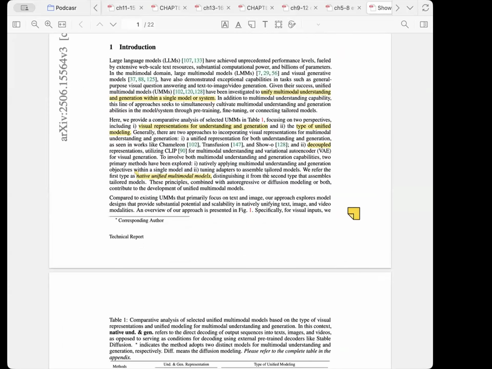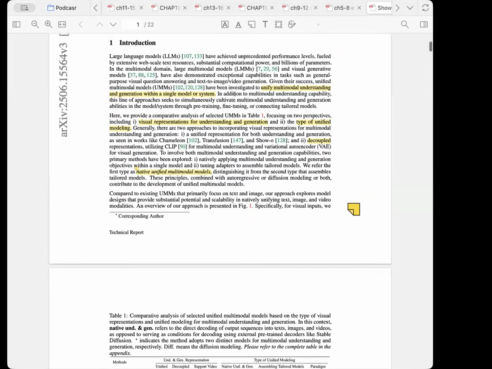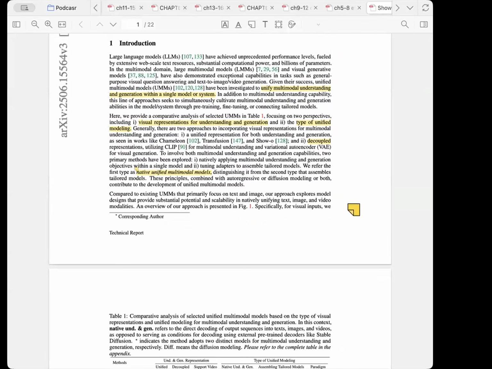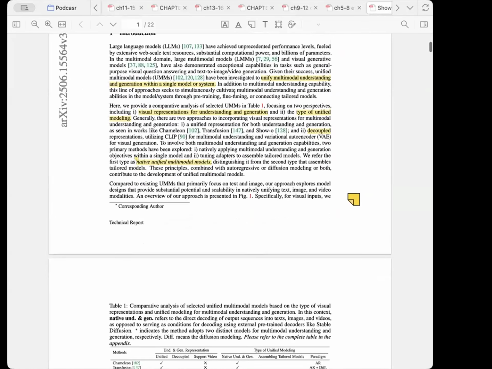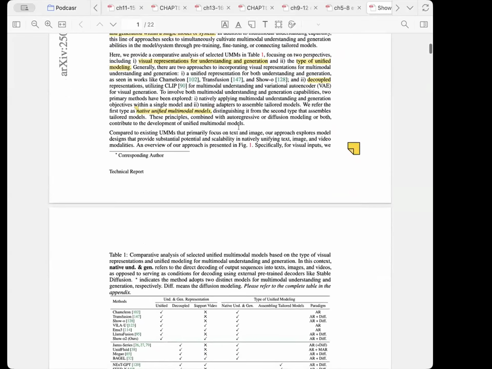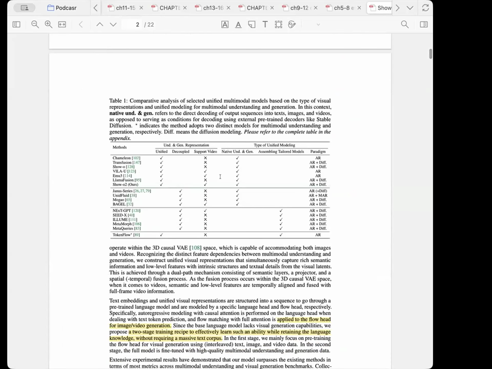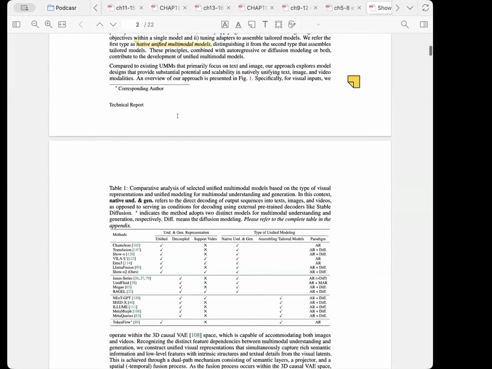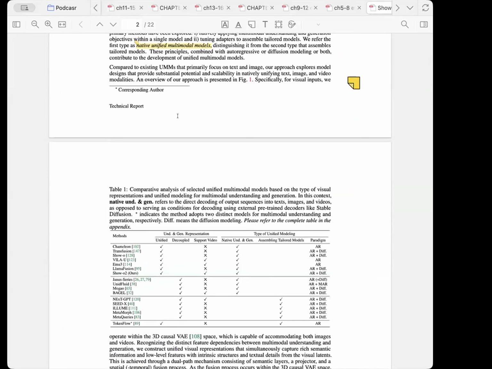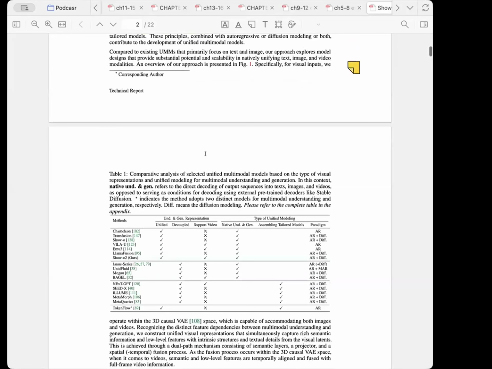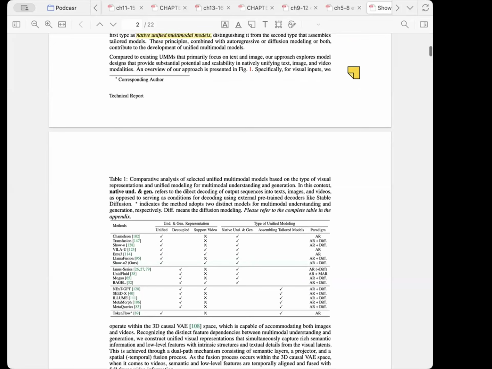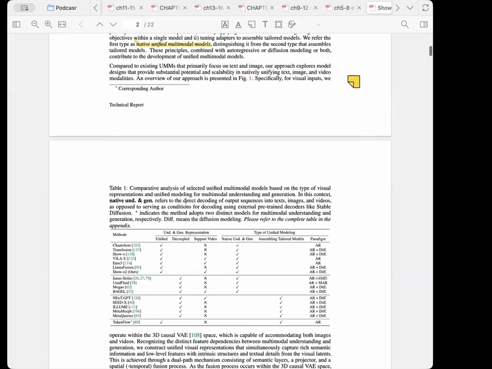For the introduction, I think we'll go through this very quickly. It basically tells us what has been achieved by large language models and also what has not been achieved. So I think we can go to this table first. For unified multimodal models, we'll just call them UMM to make everything easier. There are two things: the first one is a unified and generative representation, and the second one is a type of unified modeling.